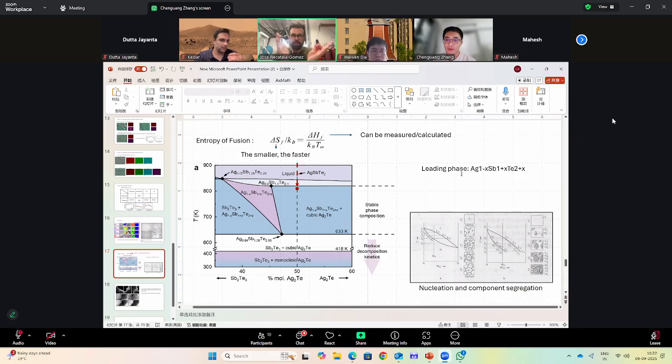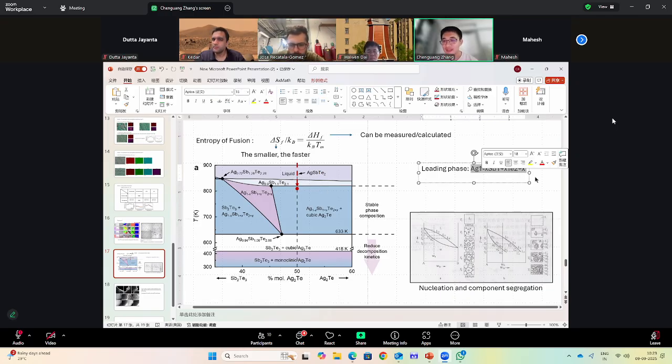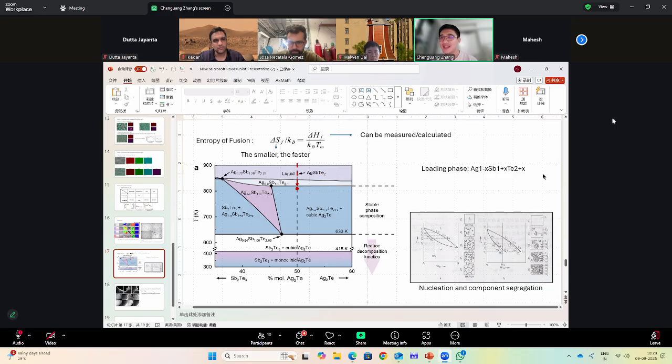So it's favorable in the doping-suppressed baseline compound, right? Yeah, that's what you mean. The point here is that if you are looking at this phase diagram, you need to control your leading phase to be as close to 112 as possible first, instead of silver telluride first. Yeah, I understand.